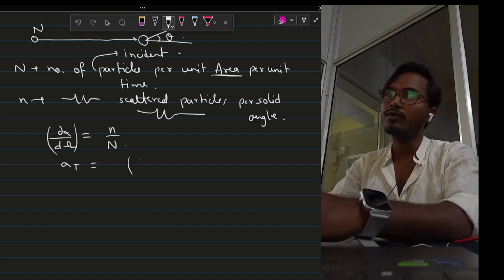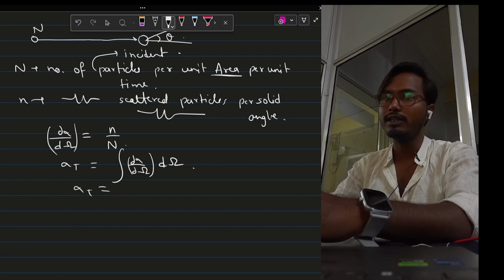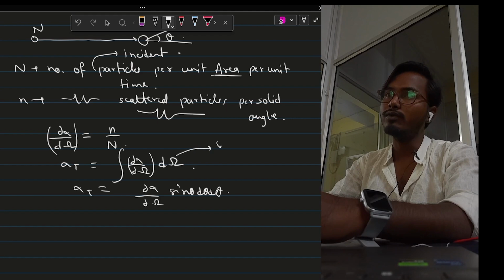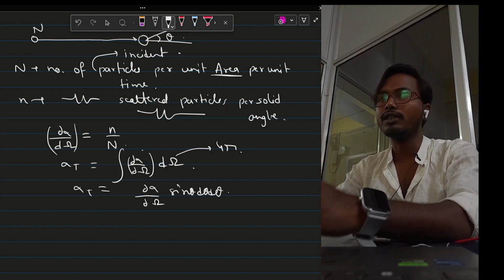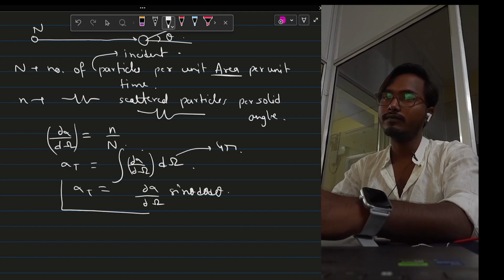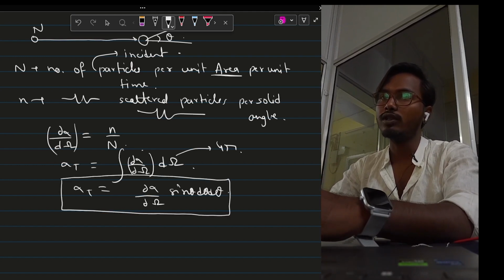Basically, it is the differential scattering cross section summed over all the solid angle. If we expand this, it is the integral of sin theta d theta d phi. For the most part, this value will be 4 pi if the differential scattering cross section doesn't depend on theta. So we have defined two terms here.